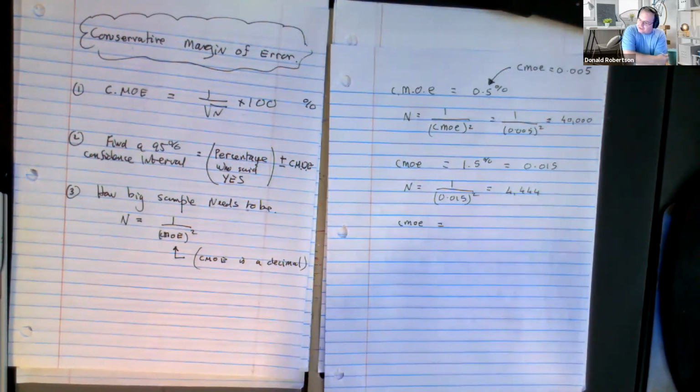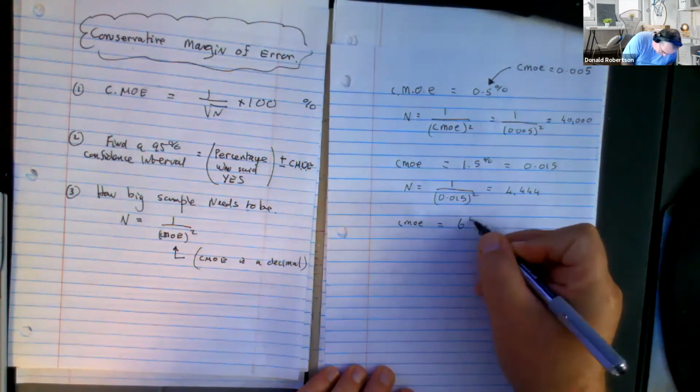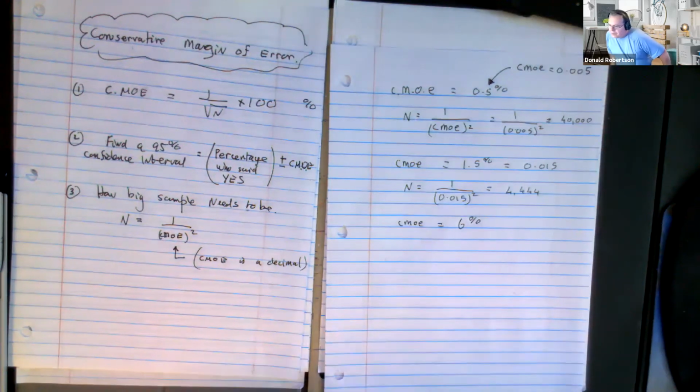I'm listening to the TV and they tell me something and they tell me that the margin of error is plus or minus 6%. Now that's not totally unreasonable. I've seen margins of error that are at least 5%, I've definitely heard of those. How many people do you think you need to get a margin of error of 6%?